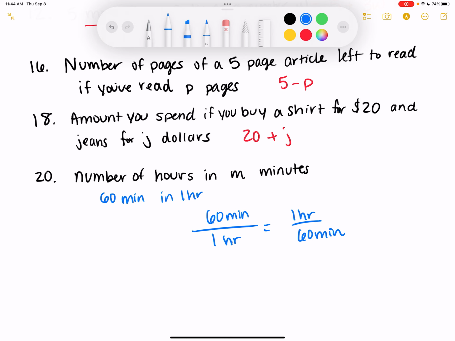Let's modify this a little bit. Let's say the number of, because I think this is what they really wanted to say, the number of H hours in 60 minutes. So then, if we had that, we would have our hours over minutes.